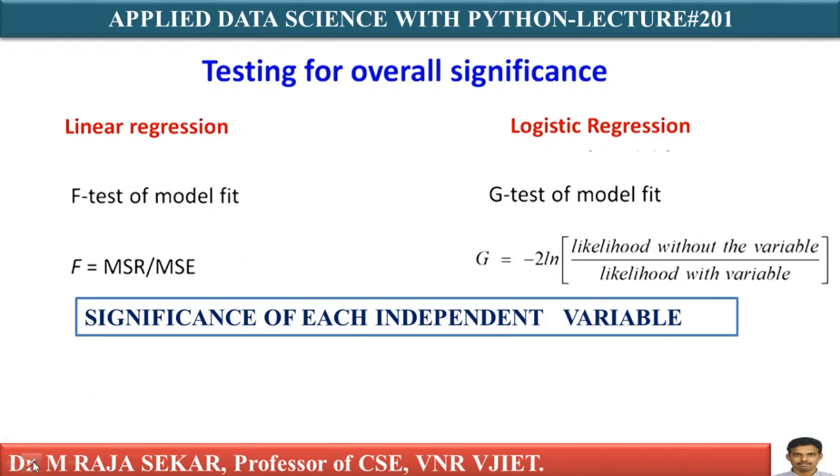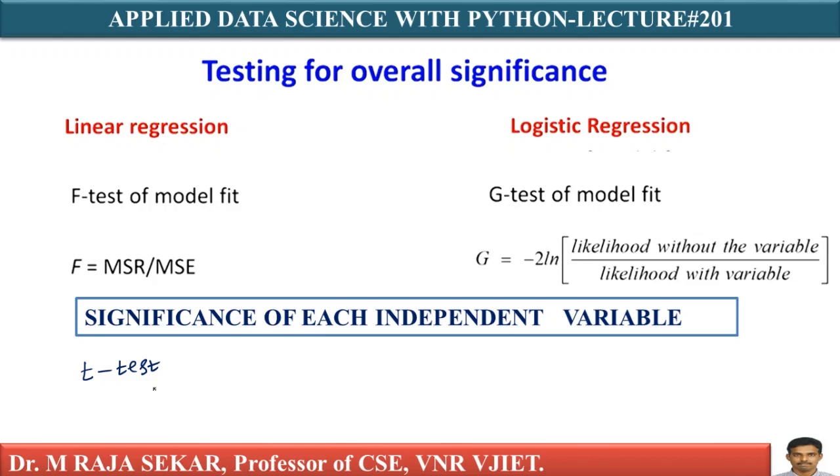This is about overall significance of the model, but the other point here is to test the significance of each independent variable. In linear regression, how did we test the significance of each individual independent variable? We were using the t-test.